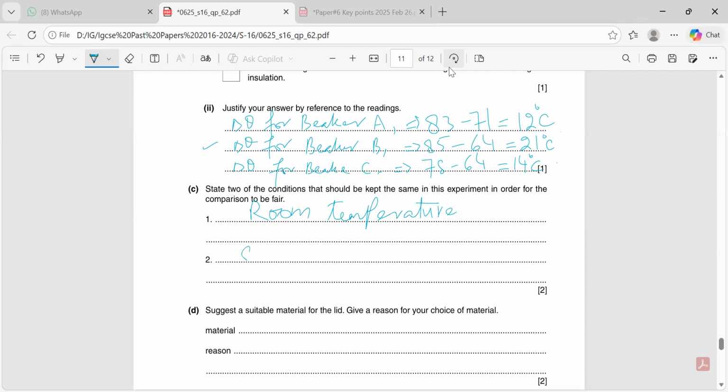Room temperature, and even we can write starting temperature, the starting temperature of the hot water basically.